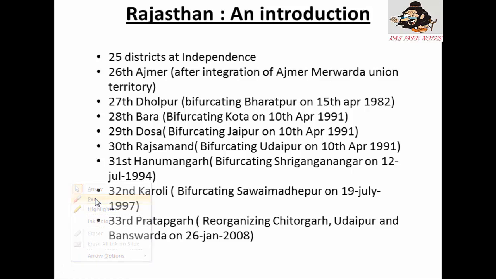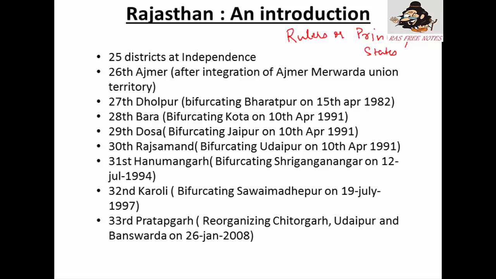Now see, Rajasthan prior to independence was constituted of many rulers or princely states. There are 5 stages of the integration of Rajasthan, which we will cover in Rajasthan history.